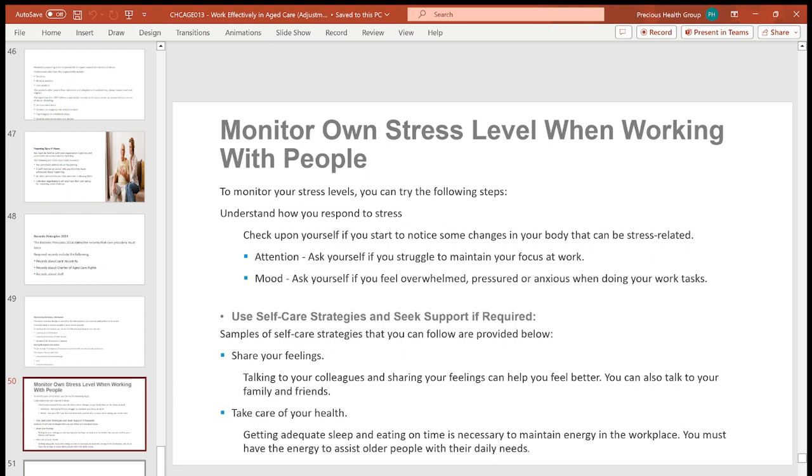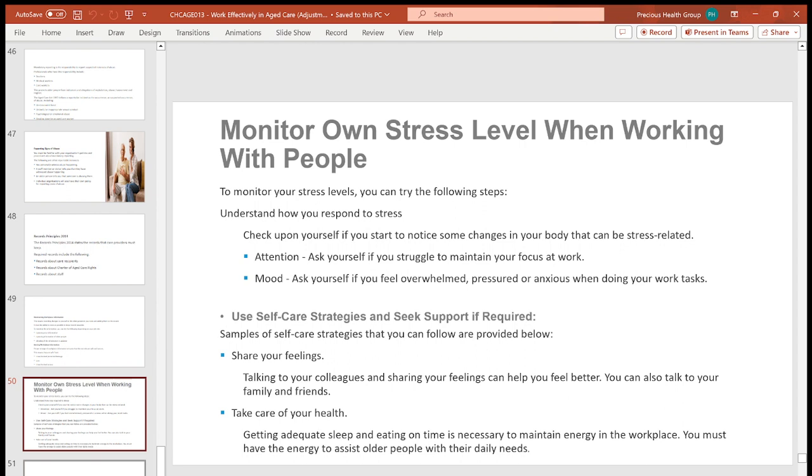Check in on yourself if you start to notice changes in your body that you think have to do with stress. Attention: ask yourself if you are struggling to maintain your focus at work. Mood: ask yourself if you feel overwhelmed, pressured, or even anxious when you are at work. This will give you an understanding of how to best support yourself.